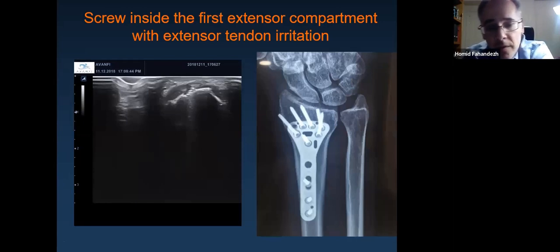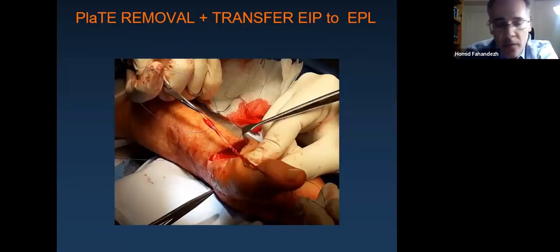And also in the first extensor compartment, you can see the long screw that you can see very clearly in the X-ray, and the same you are going to see with the ultrasound, and how it is irritating the tendons inside of the compartment. And of course, the tendon was ruptured, and we performed a tendon transfer.